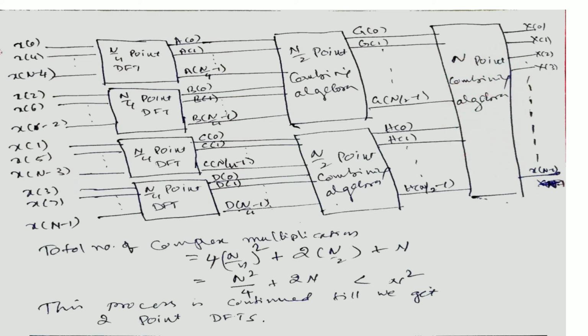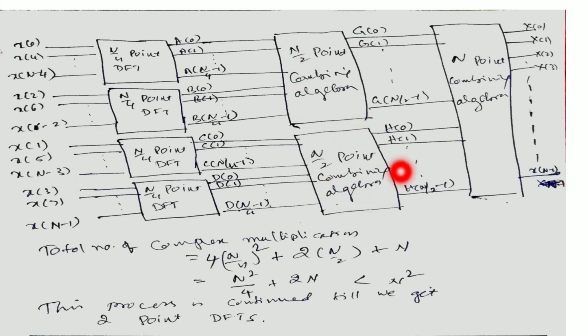So let us now look at the total number of multiplications required here. Here we have to perform n by 4 point DFT, so we require n by 4 whole square number of complex multiplications. Since we have 4 n by 4 point DFTs to be performed, the total number of multiplications required here is 4 times n by 4 whole square. Then for n by 2 point combining algebra, we require n by 2 multiplications.